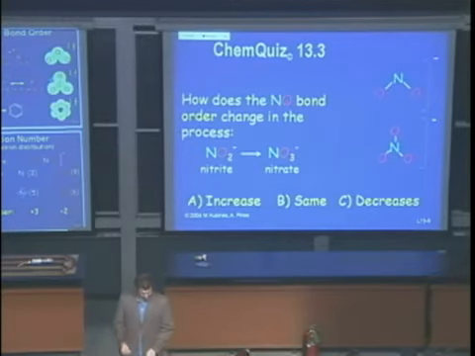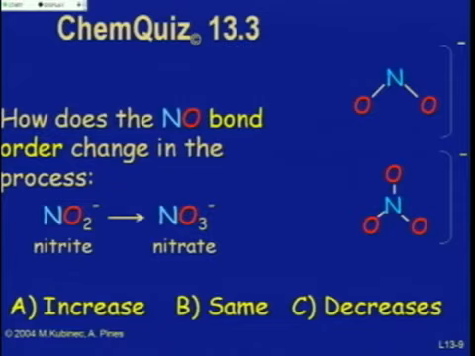Chem quiz. All right. So, let's look at this here. Think about NO2 minus and NO3 minus. How does the NO bond order change when we move from NO2 minus to NO3 minus? Does that bond order increase, decrease, or stay the same?